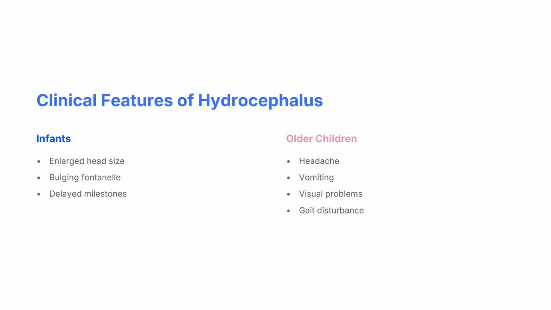So there should always be a differentiation between infants and older children. We should know that in infants hydrocephalus presents like this, and in older children hydrocephalus leads to these features, right? We should know this. Now let us understand the surgical management.